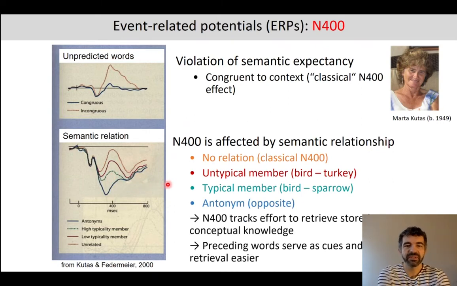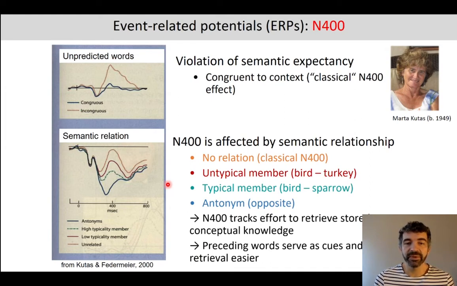So what this means is that the N400 seems to track the effort to retrieve the stored conceptual knowledge. So basically, when you're processing this, you're expecting a certain word to come, and if it comes, then you have a little effort processing that word because it's already pre-activated.